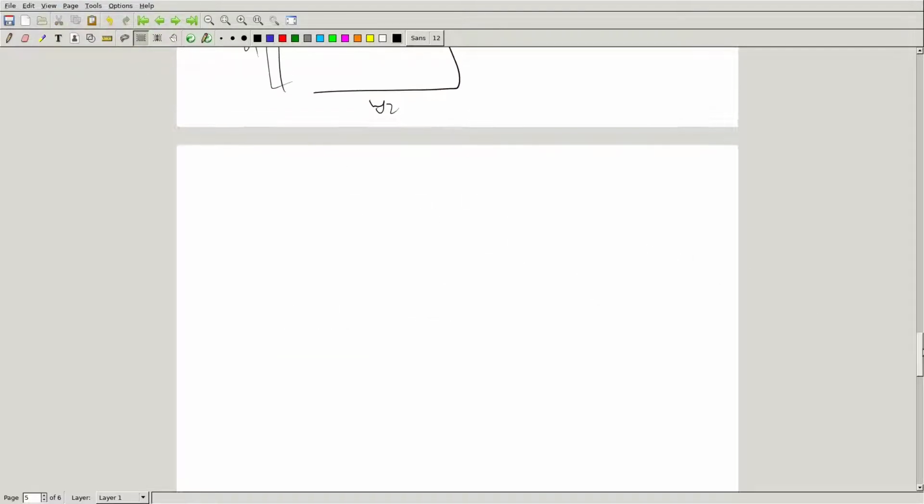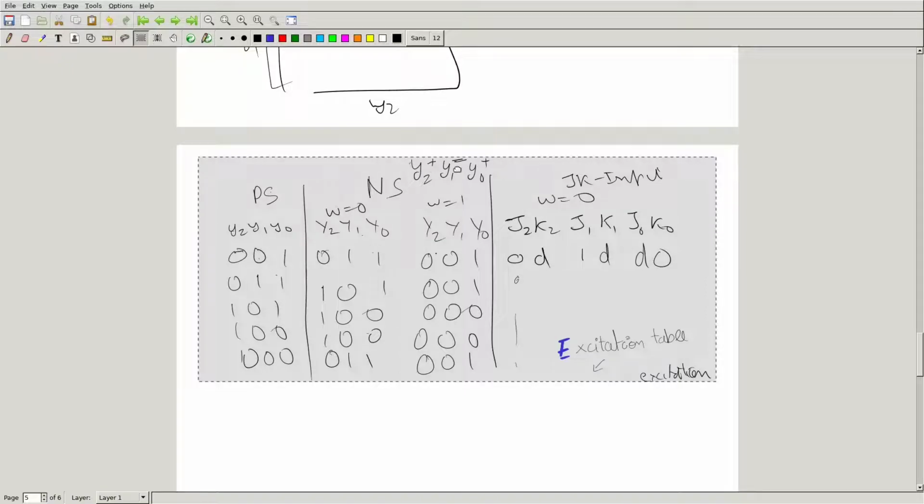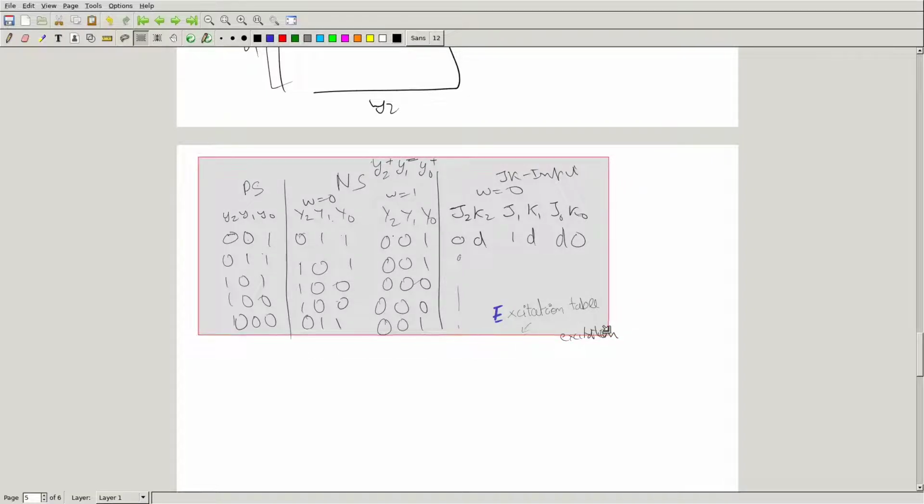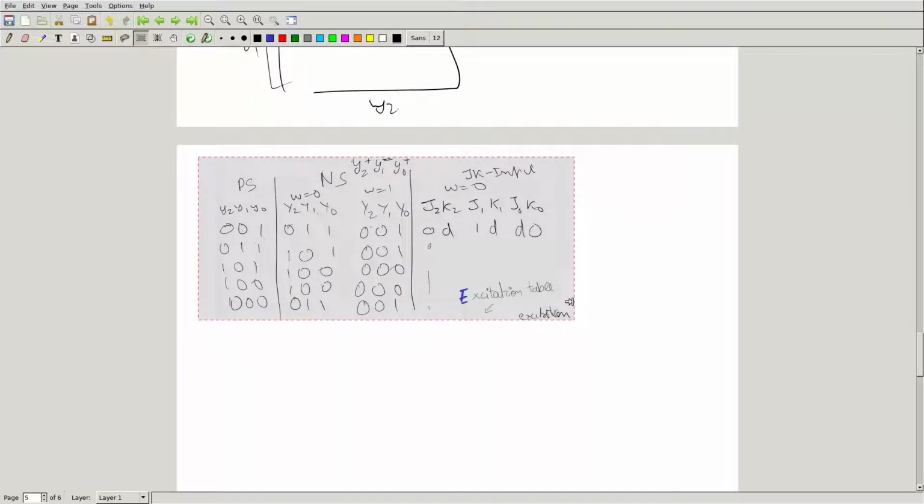So I will create a new page and have it copied here. Make it a little bit smaller to fit everything. Delete a bit of stuff here. Okay.